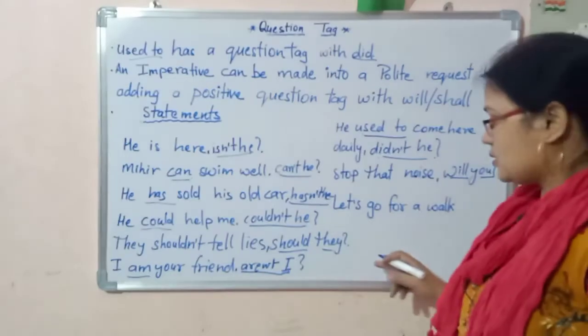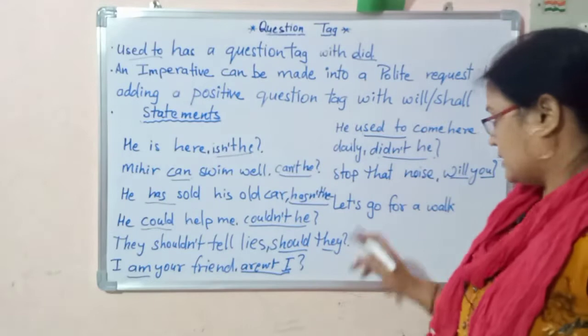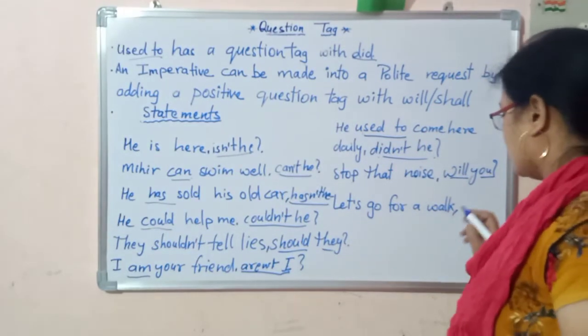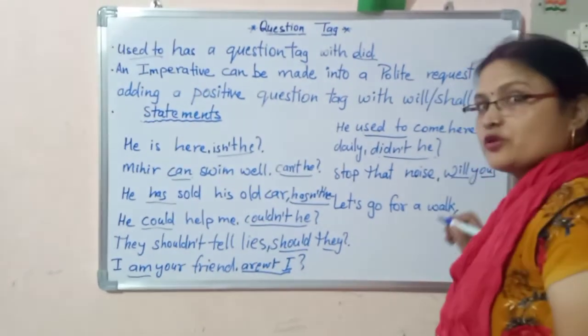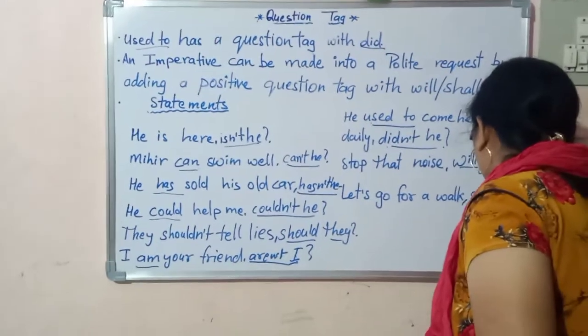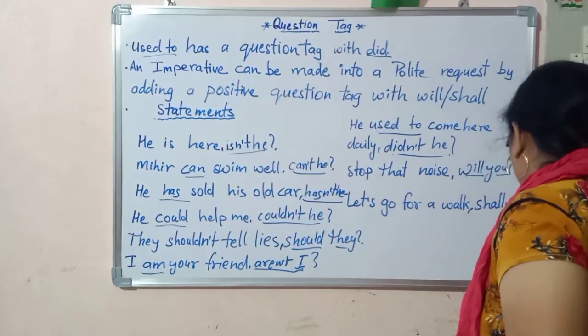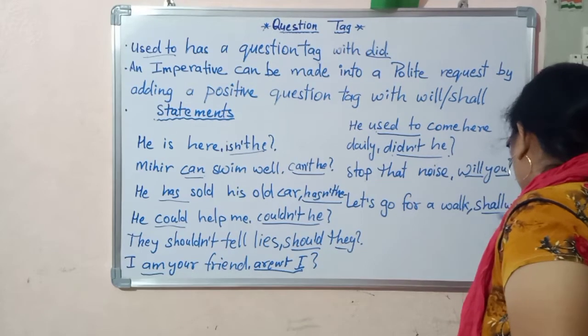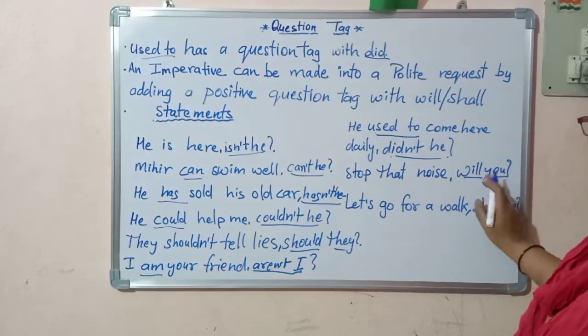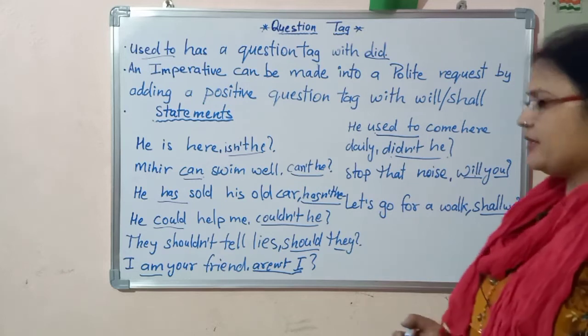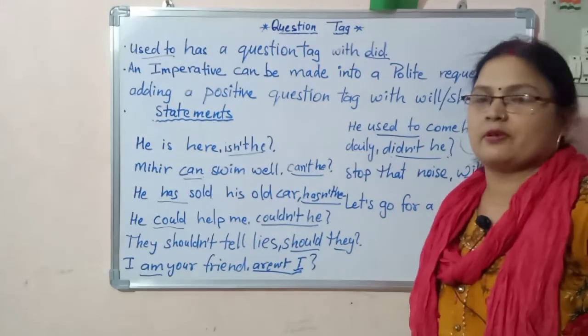Here also it will be a polite request. So think what should be here. We will write shall we. It is a polite request. Will you? Shall we? In this way we will make a polite request.